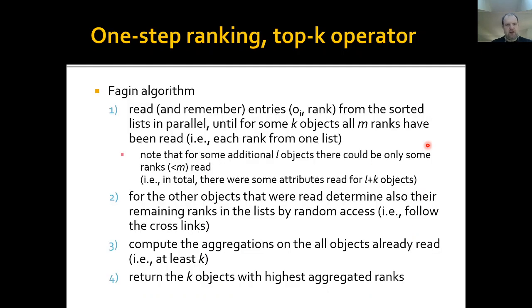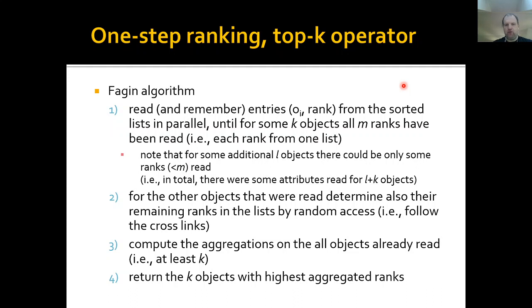To implement the top K operator, the first algorithm is the Fagin algorithm, which is composed of two phases. It first reads all entries from all of the lists in parallel, so it goes one by one in all of the lists until the algorithm retrieves K objects for which all of the ranks are known.